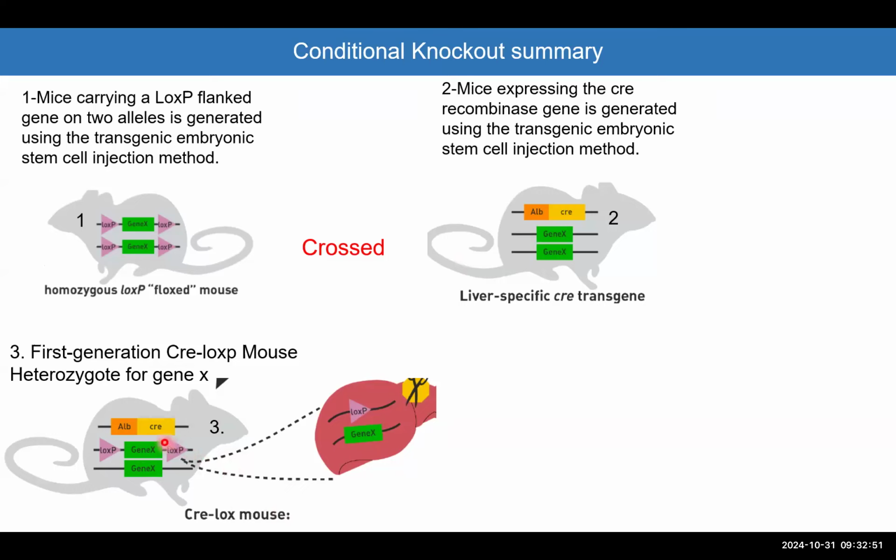But if you take this mouse and start studying it, only 50% of gene X is deleted because you still have a wild type gene. So in order to get 100% deletion of that gene, you need to take number 3 and cross it back with mouse number 1.